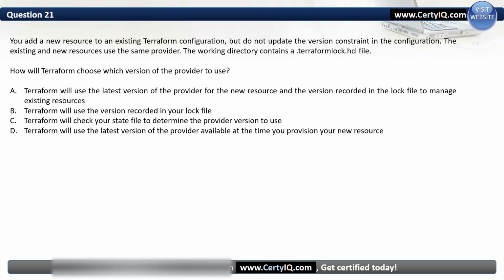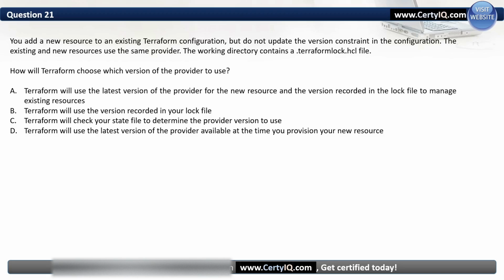Question 21. You add a new resource to an existing Terraform configuration, but do not update the version constraint in the configuration. The existing and new resources use the same provider. The working directory contains a .terraform.lock.hcl file. How will Terraform choose which version of the provider to use?